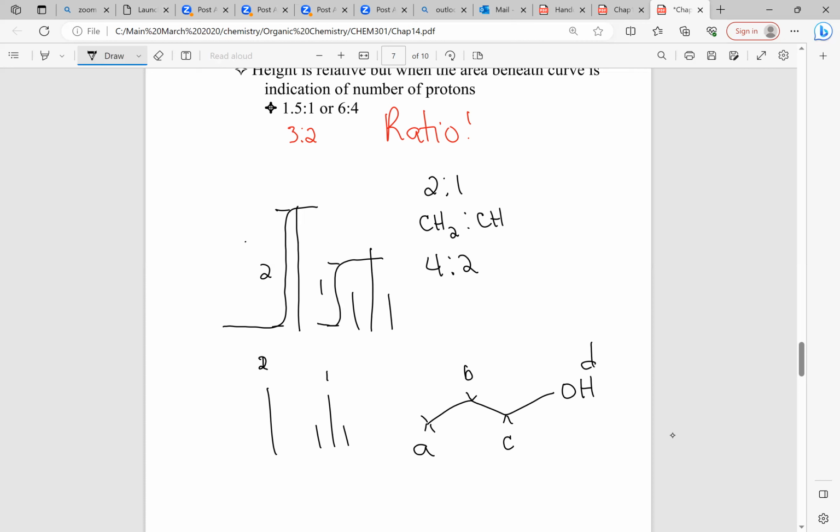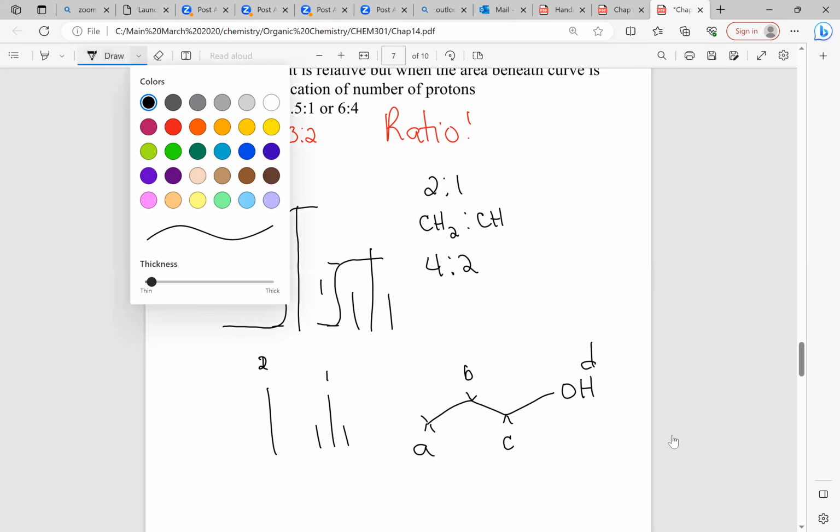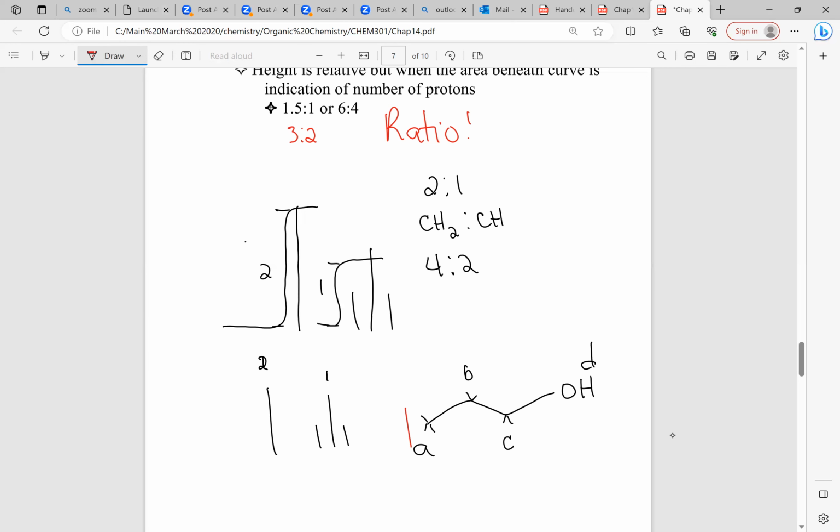When I'm looking at each peak, I just need to know how many hydrogens made that peak. So right now, I am only looking at those. And the question is, how many hydrogens, imagine your thumb or a box under that peak, are making that peak? This one happens to be 3. So it should integrate for 3.